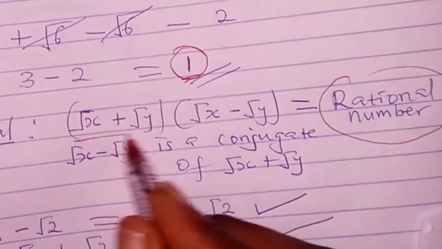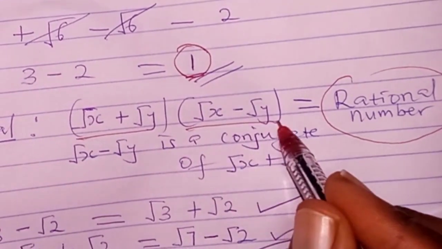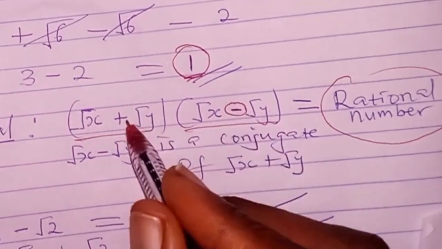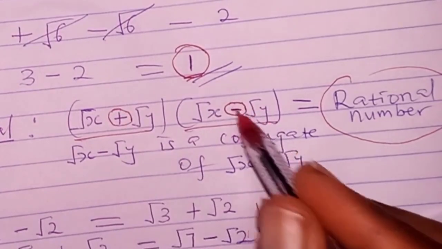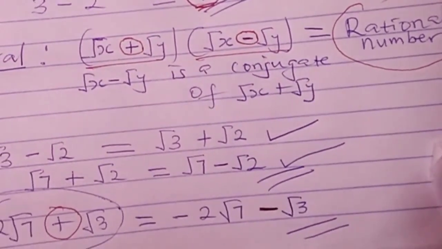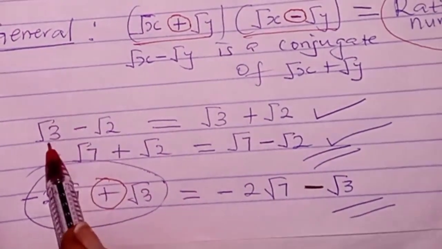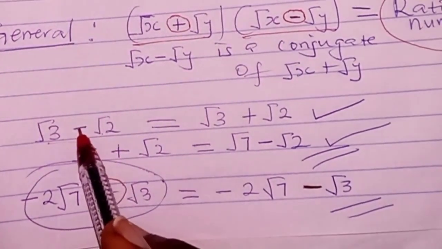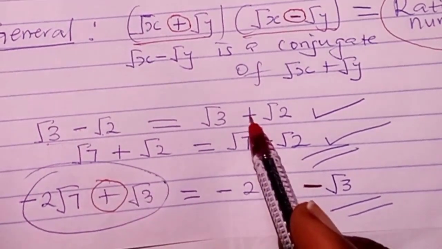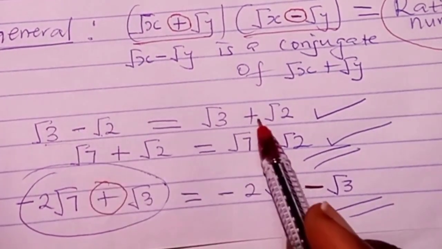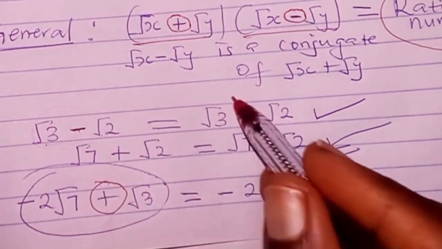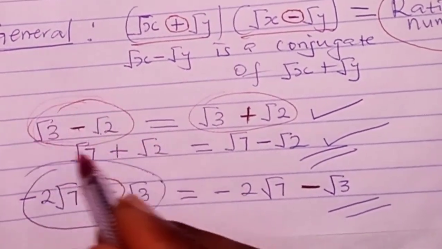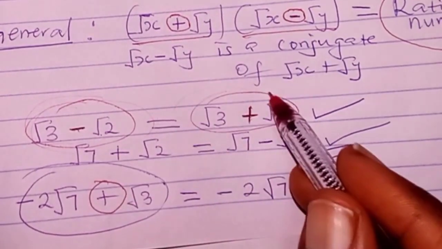Hence, this is the conjugate of this, and the only difference between them is the signs. Here you have plus and here you have minus. We asked ourselves, what is the conjugate of root 3 minus root 2? All you need to do is change the negative sign to positive, the minus to plus. This is the conjugate of this, and this is the conjugate of this.